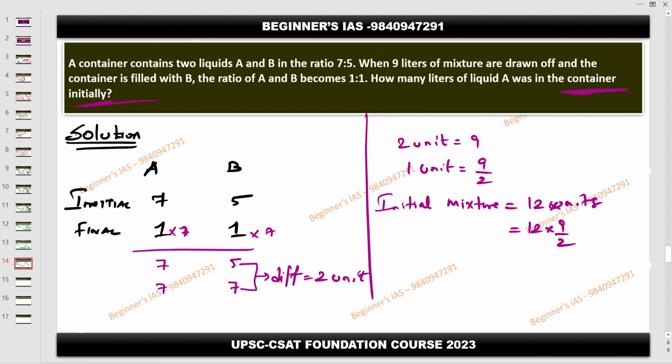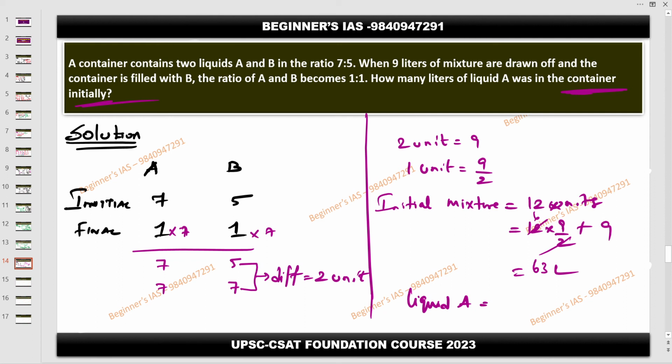Then after that, what you are adding is 9. So 54 plus 9 is 63 in total. But the question is about liquid A only, right?